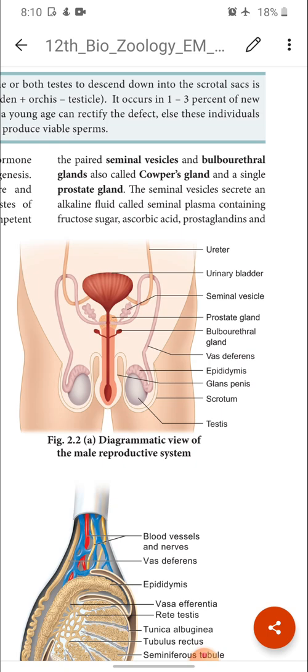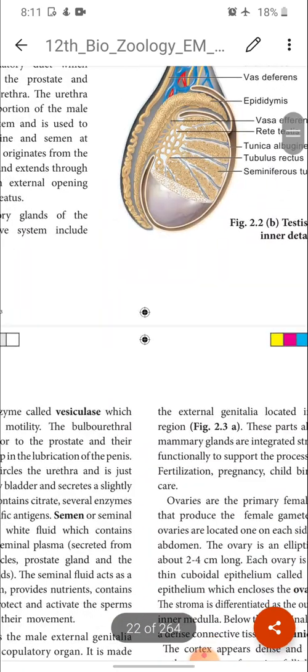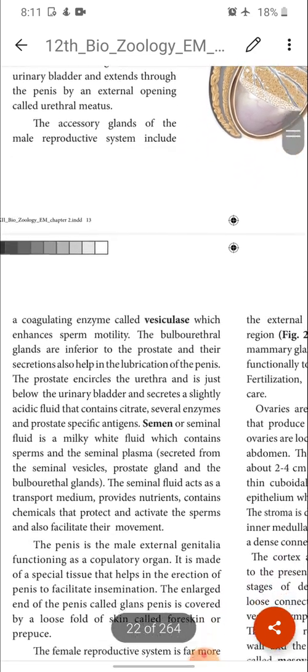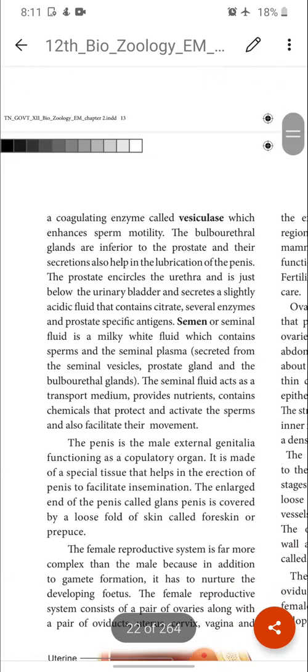Then the seminal vesicle secretes an alkaline fluid called seminal plasma containing fructose sugar, ascorbic acid, prostaglandins and a coagulating enzyme called vesiculase, which enhances the sperm motility. Okay, children, let's see about the seminal vesicle, one by one. So what are the secretions?